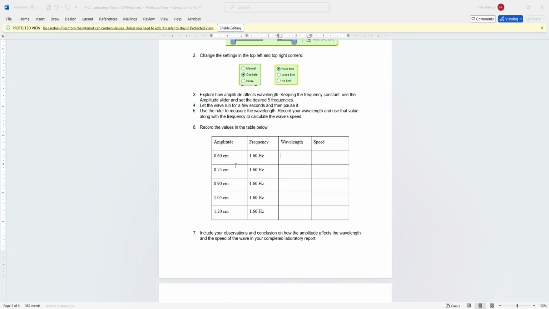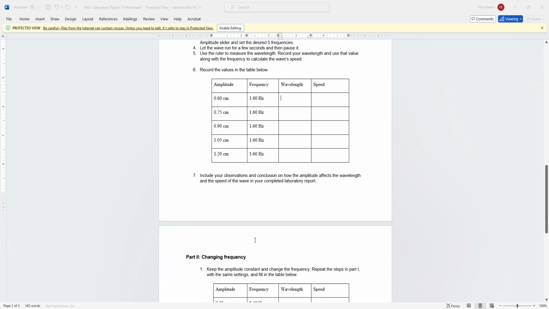Remember, the wavelength is measured with the rulers, and later you will find the speed. Remember that the speed is the product of the wavelength times the frequency. And you will comment on your observations and say how the amplitude affects or not the wavelength and the speed of the wave.